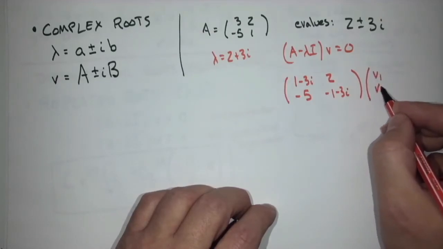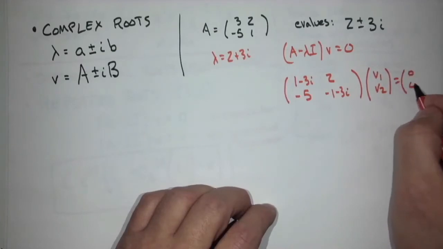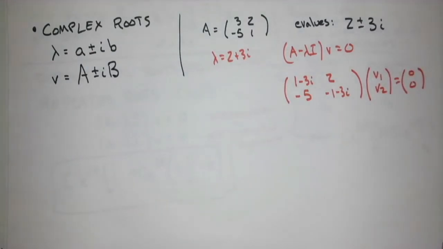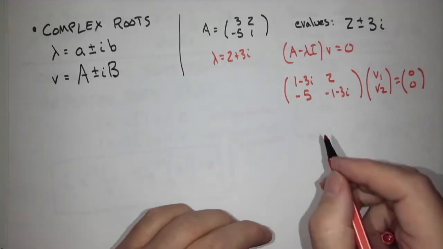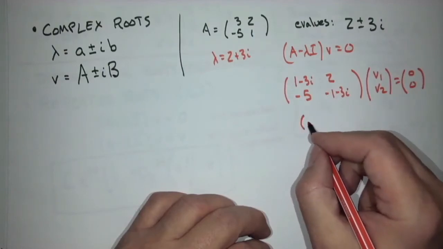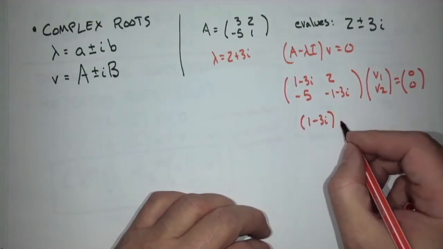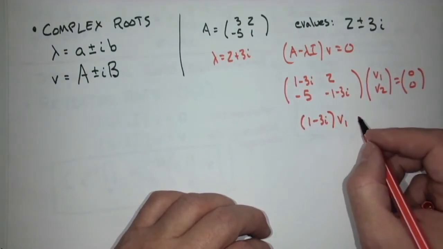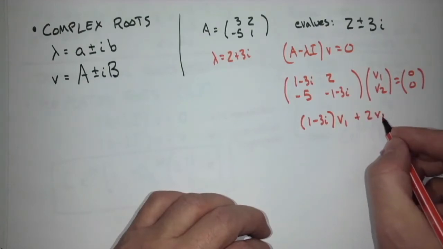I'll call it v1, v2. We want to get 0, 0. Now, this is a nice thing: because it's an eigenvalue, there's going to be redundancy. And what that really says is, instead of trying to do any kind of elimination, if you just want to save yourself time, and who doesn't want to save time on a test, say, look, there's 2 equations here.